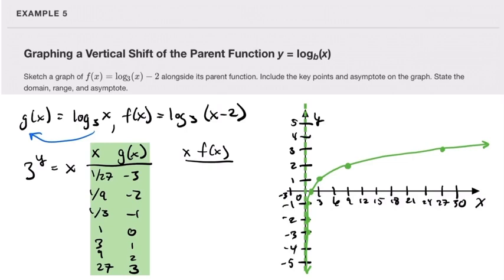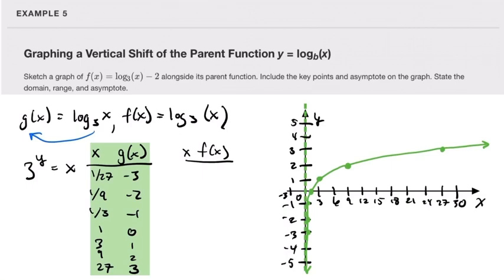So now for f of x, the change, I'll do in purple. f of x is what?